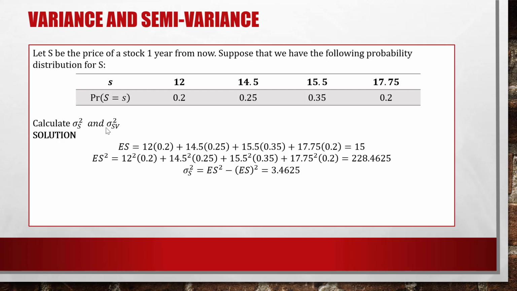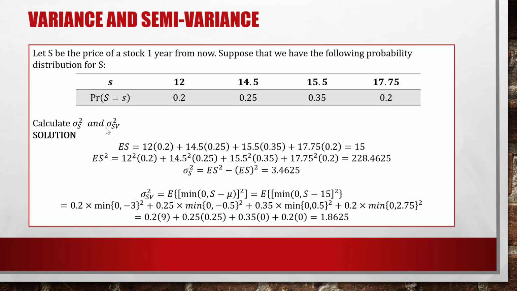Now we look at the semi-variance. For the semi-variance, we consider the negative deviation. So here, for the first group, the first number, we got 12 subtract mean of 15. We got -3. You see that? -3 is the first deviation.